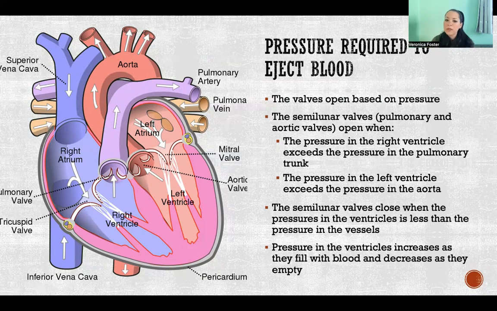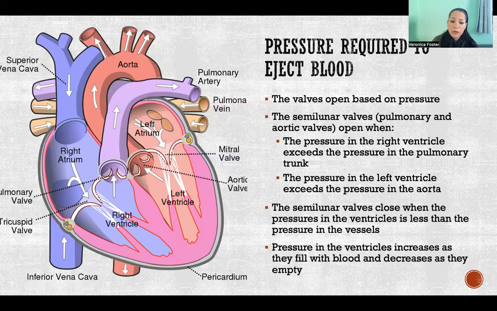Okay, so it's all based on pressure. Those valves will not open until the pressure in the ventricles is more than the pressure in those vessels. And it has to be both. So those valves open at the same time. So they don't open until the pressure in both ventricles is greater than in both of those vessels.